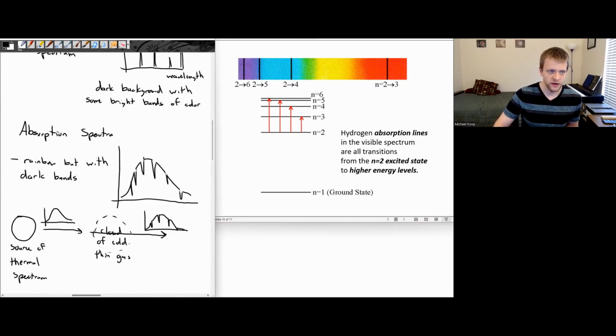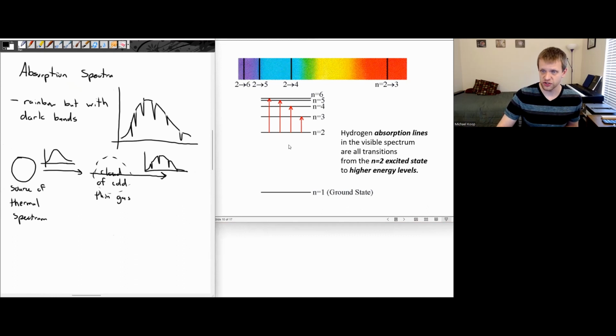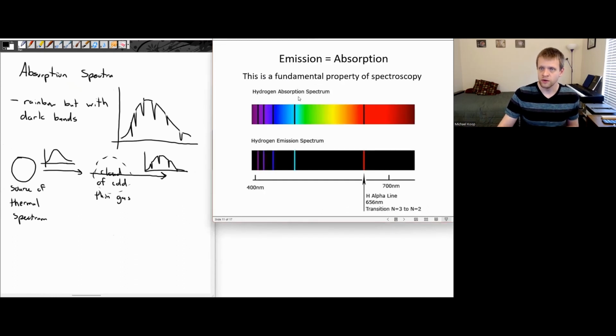Again, this is one of the key ideas of spectroscopy. If I have the same type of element, like hydrogen, hydrogen likes to emit light at the same wavelengths that hydrogen likes to absorb light. So those spectral lines will always match up with each other. In either of these two situations, we can use the same set of spectral lines to identify that we're dealing with hydrogen or helium or iron or any other type of material.